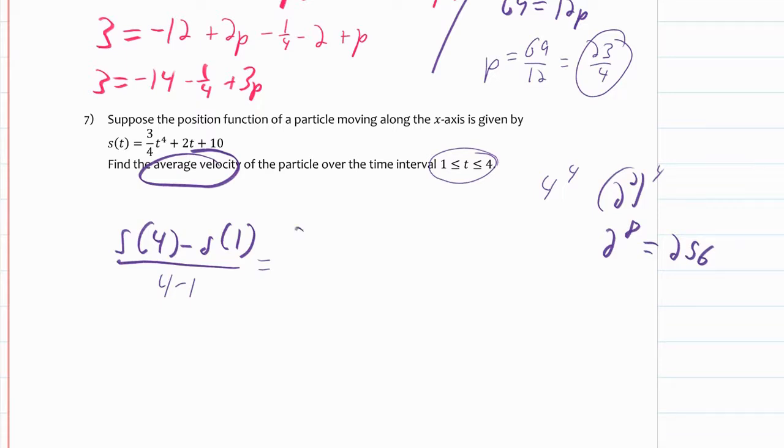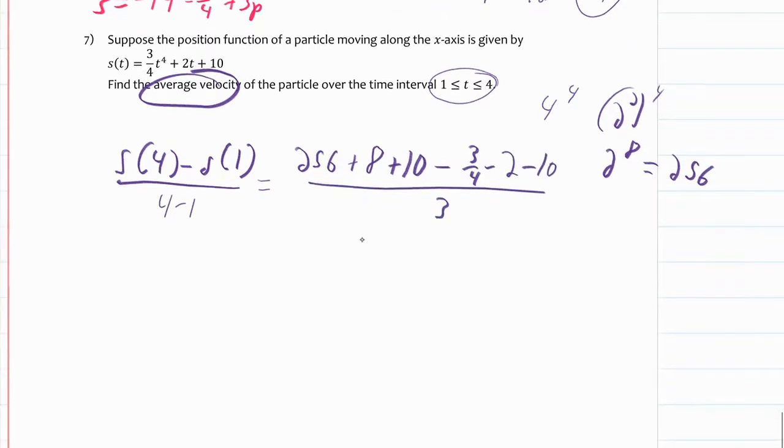So I would get 256 plus 8 plus 10, and then minus 3/4 minus 2 minus 10, all over 3. So if I combine terms, get rid of those 10s, I'd have 256 plus 6, so that's 262 minus 3/4 over 3.